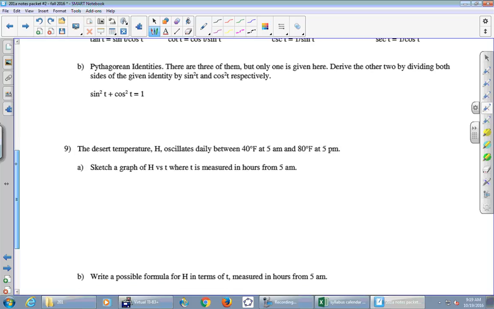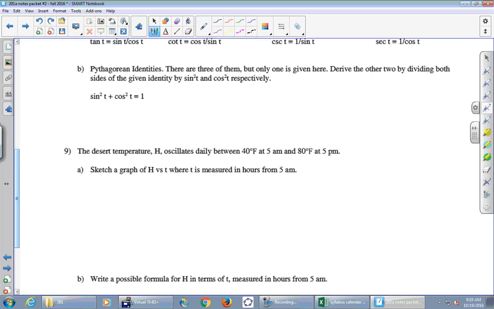Okay, Pythagorean identities. One of them is sine squared of t plus cosine squared of t is 1 for any angle t. There are 2 other Pythagorean identities. I can never remember them, but it takes like 10 seconds to derive them from this equation. If you divide everything by cosine squared, sine squared over cosine squared is what?